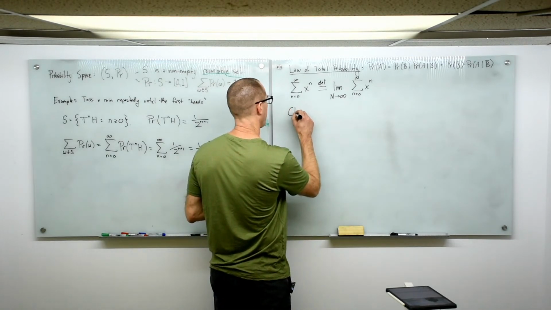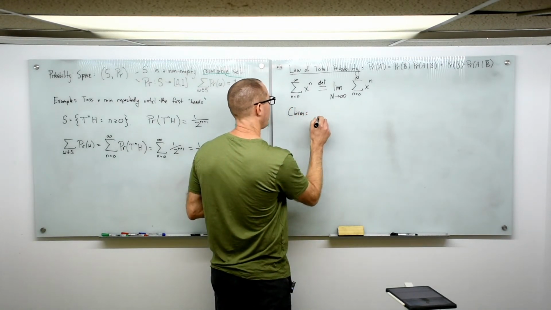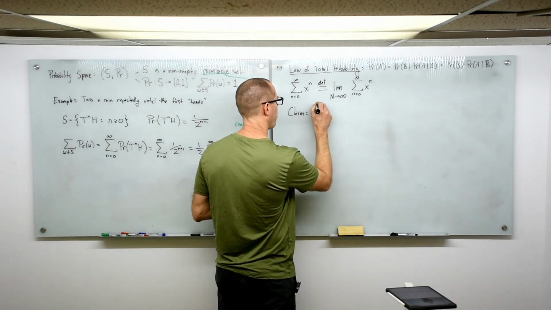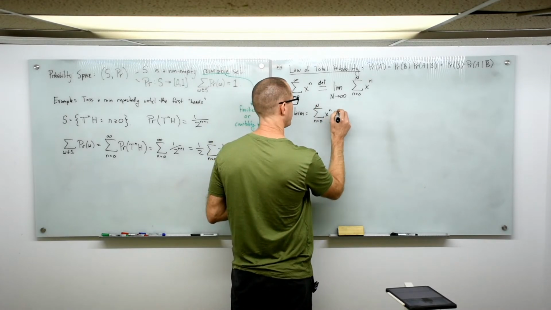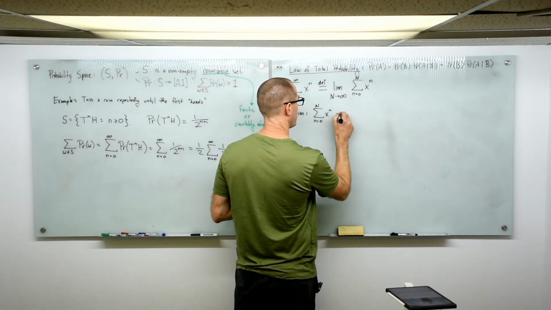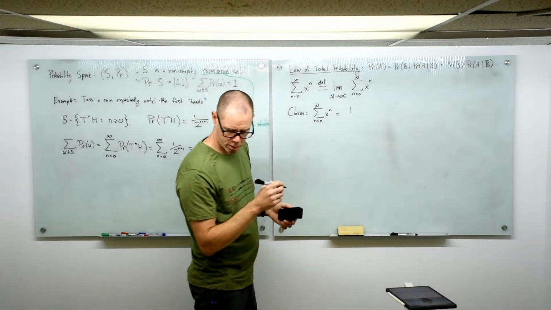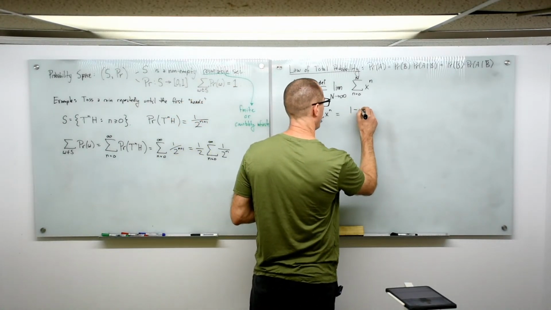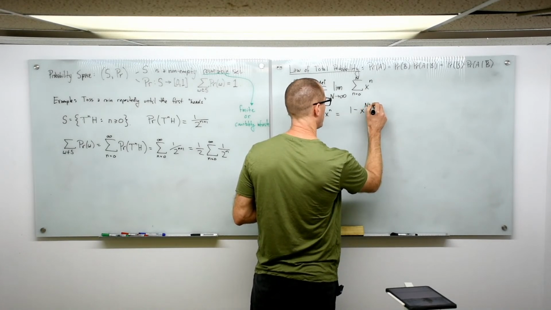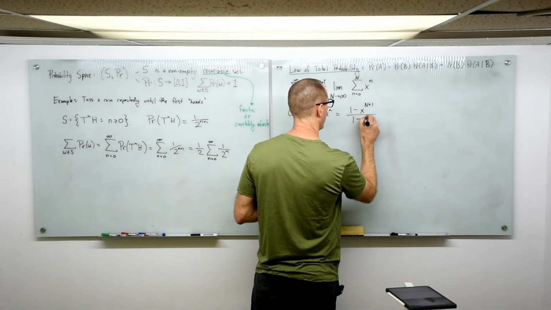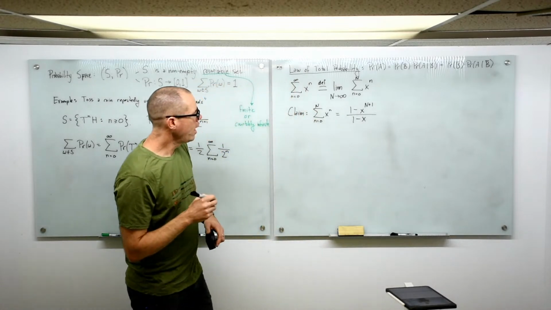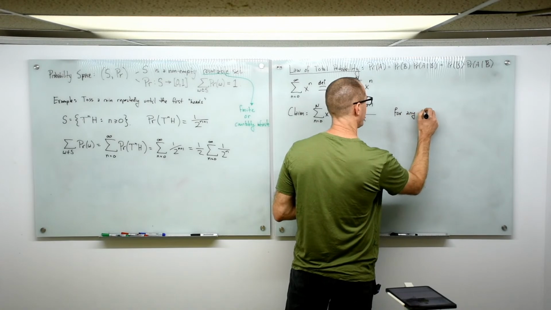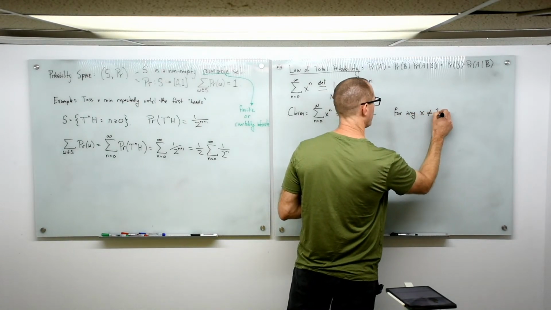So here's the claim, that the sum of n equals 0 to big N of x to the n is equal to 1 minus x to the big N plus 1 over 1 minus x. And that's true for any x which is not equal to 1.